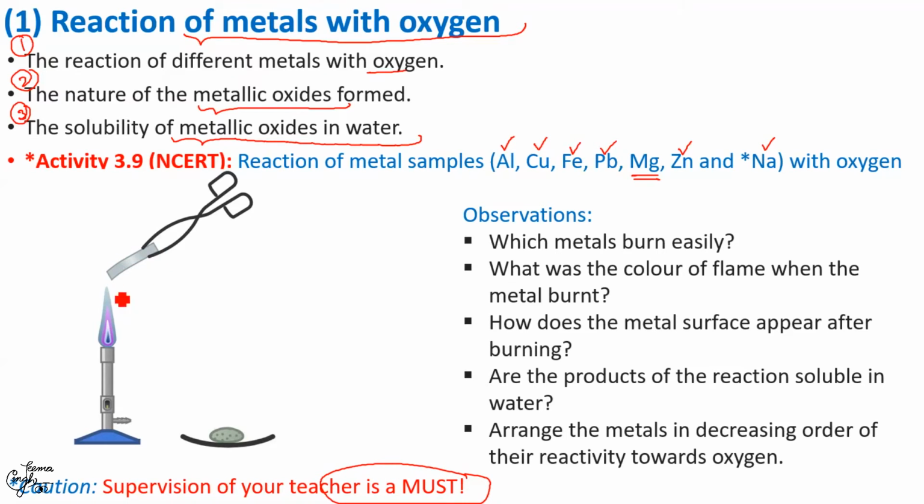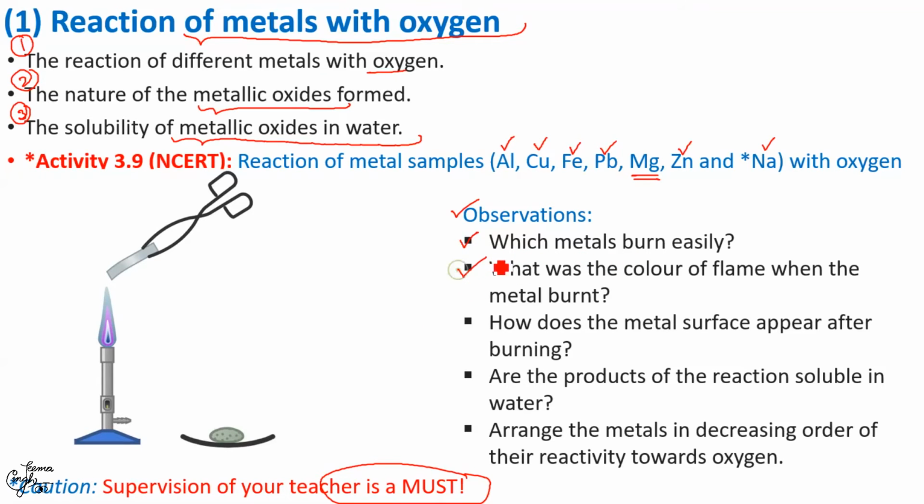Hold each metal sample with a pair of tongs and try to burn them over the flame of a Bunsen burner and collect the product formed in each case. Let the products as well as the metal surface cool down. Thereafter, make the following observations. Which metals burn easily?